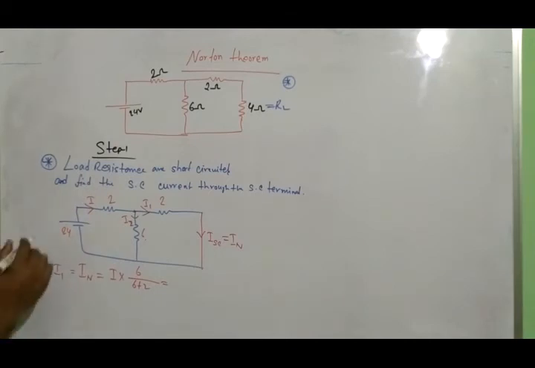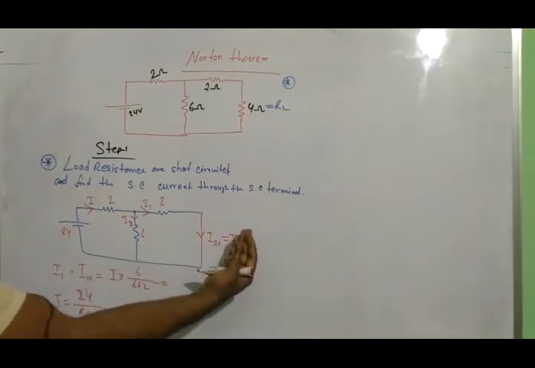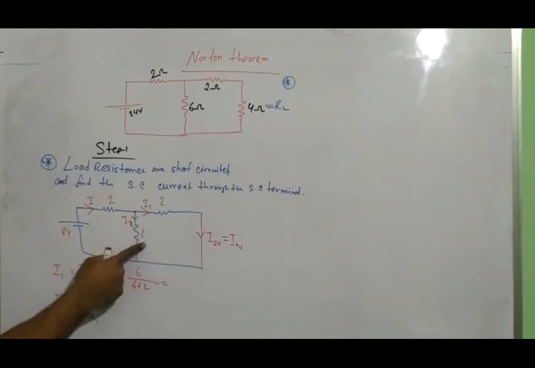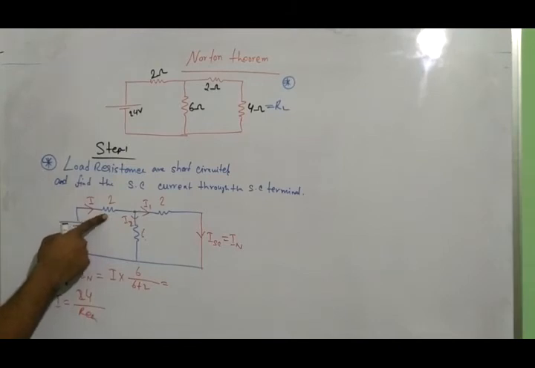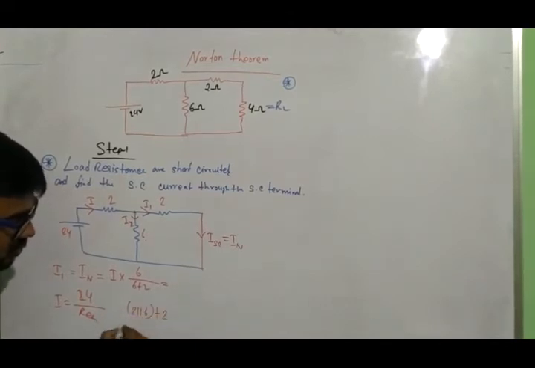So how to find the main current? I equals V by R equivalent, where V means 24 volt. So how to find R equivalent? I am calculating at the back side. These two resistors are in parallel, and the resultant will be in series with 2. That means 2 parallel 6 plus 2.